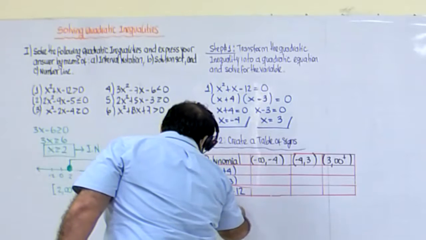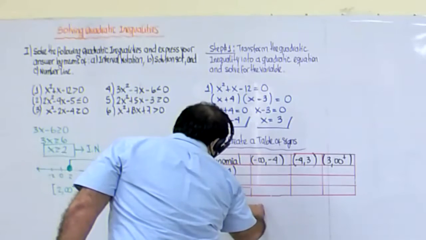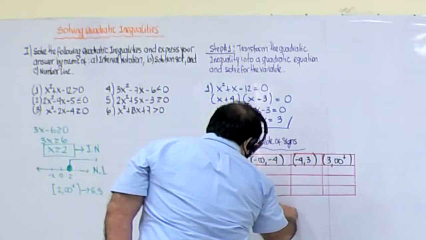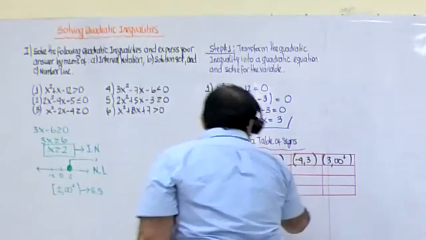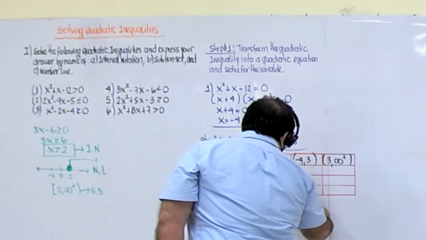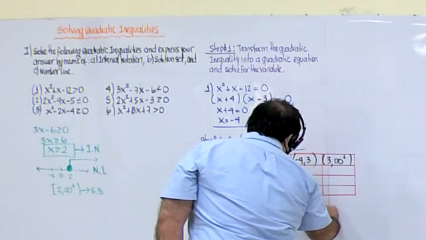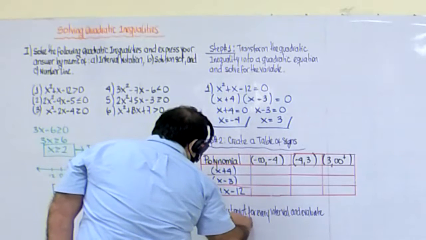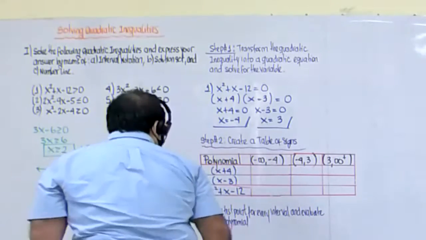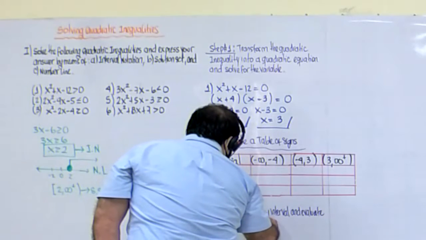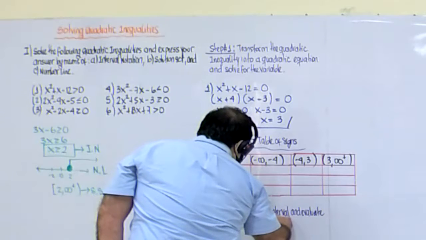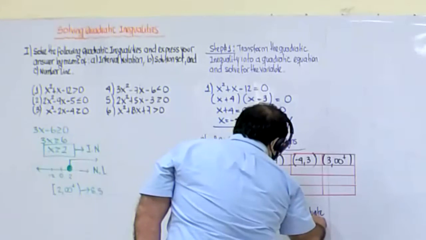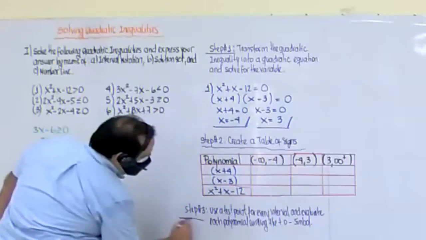Use a test point for every interval and evaluate each polynomial, writing the positive or negative symbol. This is going to be the step number 3.